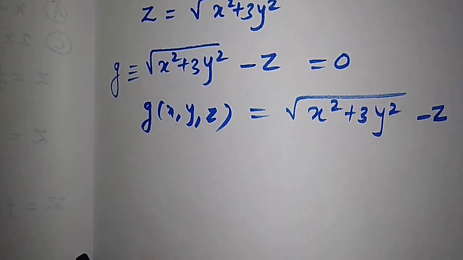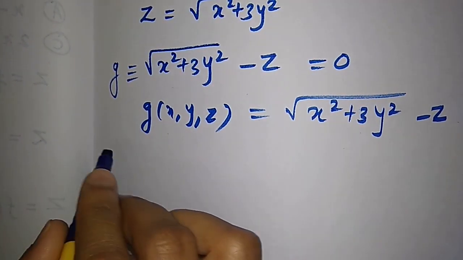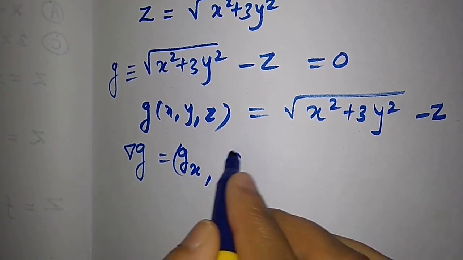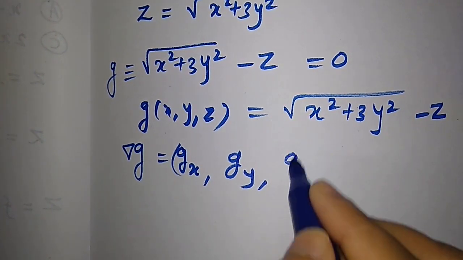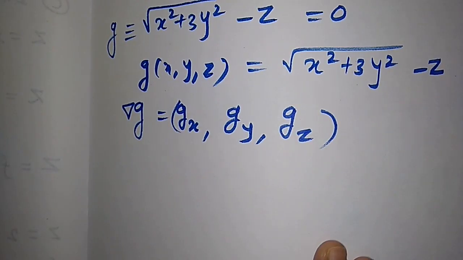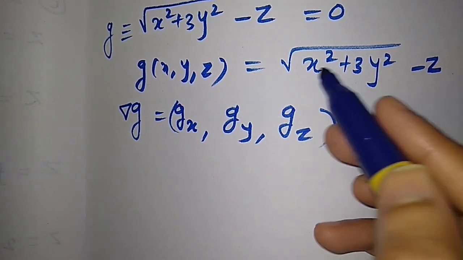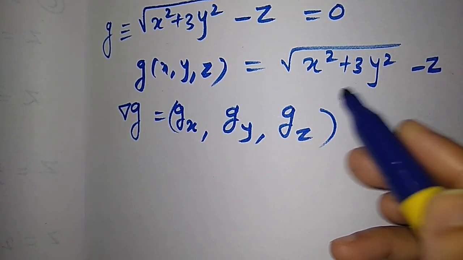So we know how to find out the gradient. So this is just equal to gx, gy, the partial derivatives, and gz. So we have already calculated the partial derivatives of this function, and it does not contain any term z.